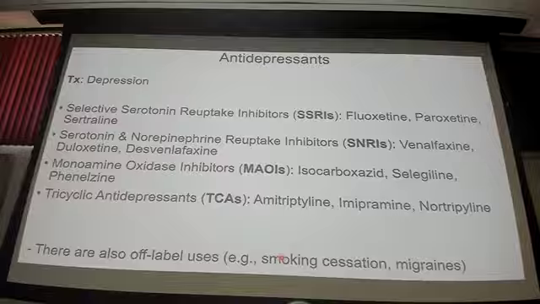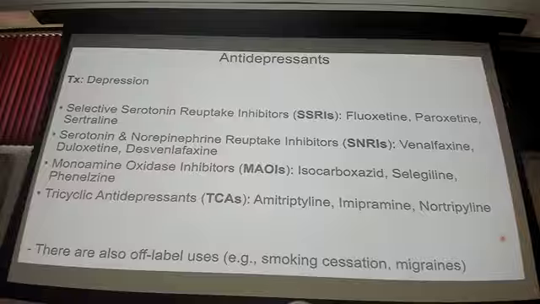And then, again, if you're prescribing these at all, you probably won't prescribe the MAOs, which include isocarboxazid and selegiline, and the TCAs: amitriptyline, imipramine, and nortriptyline.